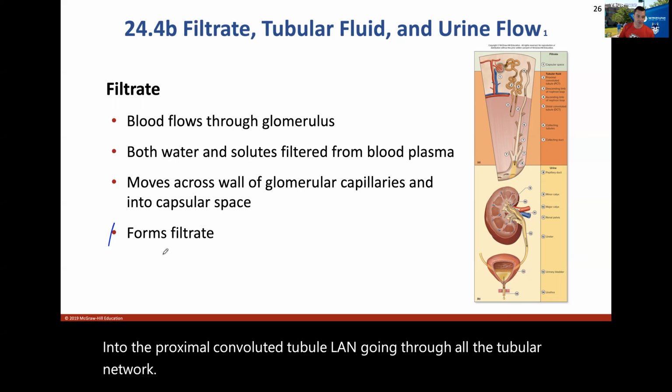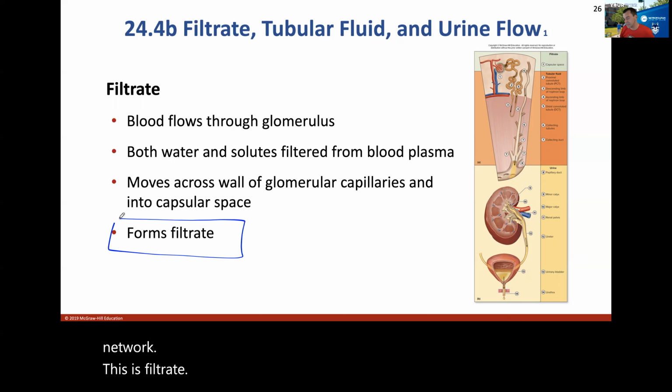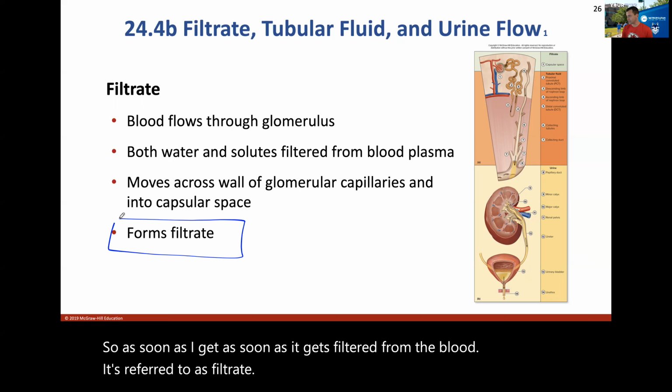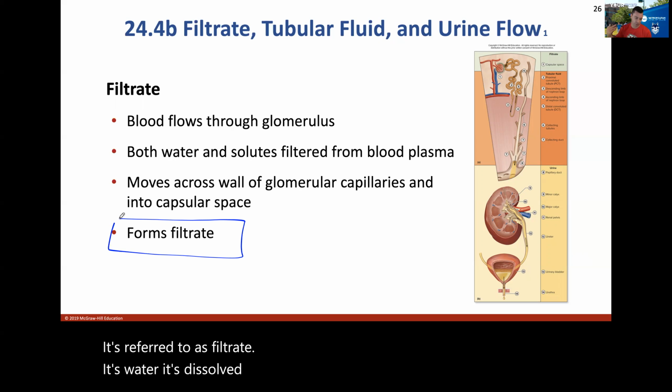This is filtrate. So as soon as it gets filtered from the blood, it's referred to as filtrate. It's water, it's dissolved substances, all sorts of fun stuff that we'll look at here.